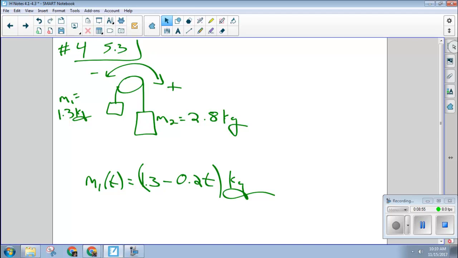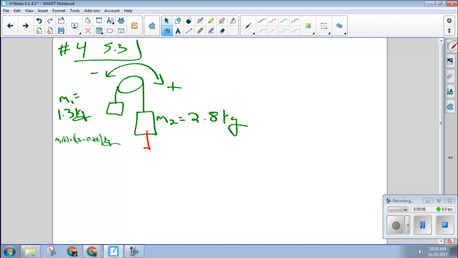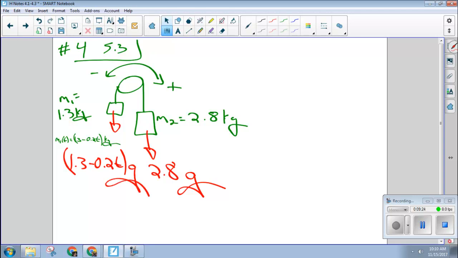All right, so let's think about our forces. Over here, we're going to have gravity pulling down, so that's going to give us a force of 2.8 times g. And over here, my force is going to be changing, so it's going to be 1.3 minus 0.2t times g.